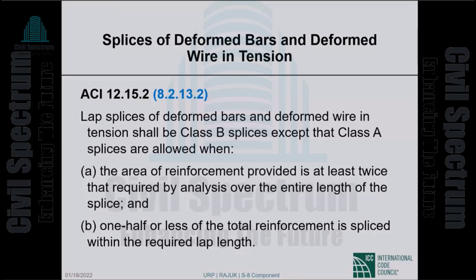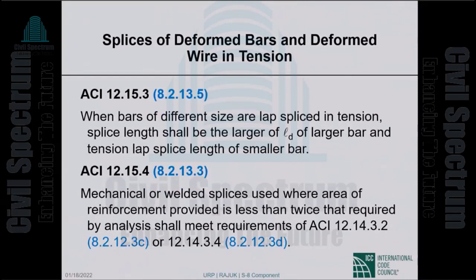If you have 4 bars, you cannot splice more than 2 bars within the lap length. If you have 6 bars, you cannot splice more than 3. So you must have at least twice as much reinforcement as is required by analysis, and you cannot cut off more than half the bars within the lap length. If you satisfy both conditions, you have a class A splice. Otherwise, you have to use a class B splice, 1.3 times development length.